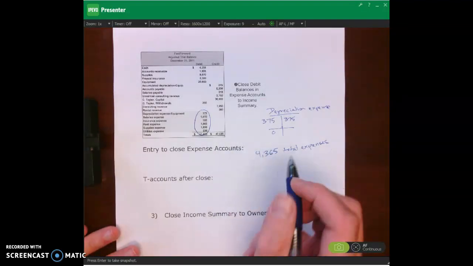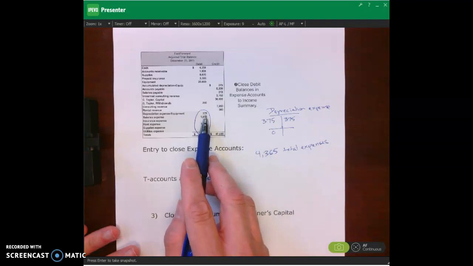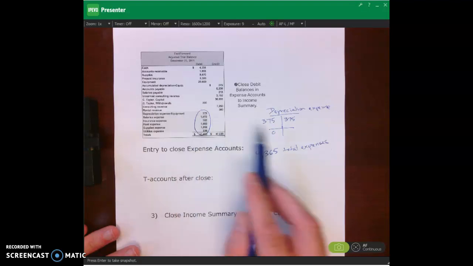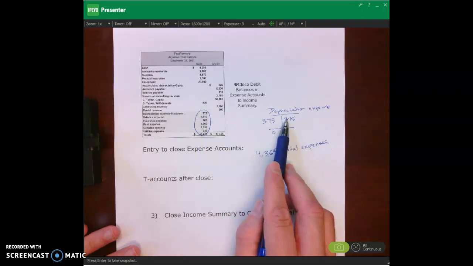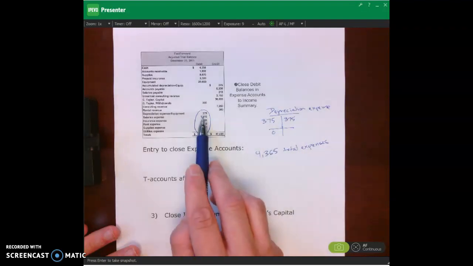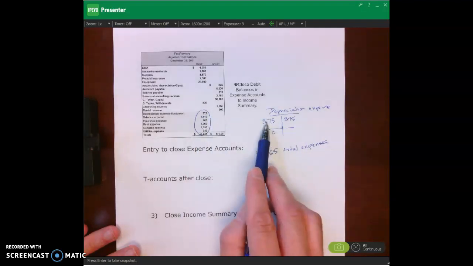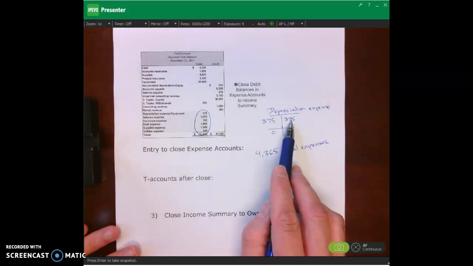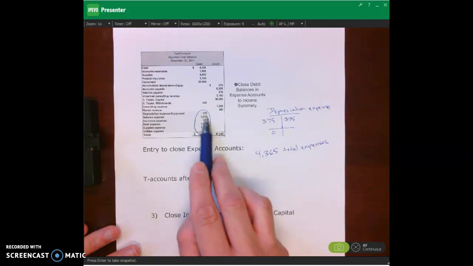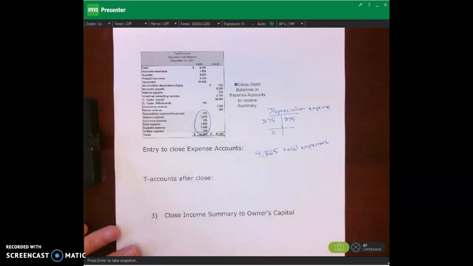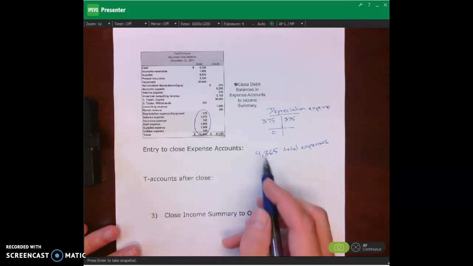Okay, now the question becomes, do I debit income summary? Because I'm going to move it to income summary. Do I debit income summary or do I credit income summary? Well, we can think about that in terms of what we have to do with our T account over here for depreciation expense. We have the $375 debit here, and then we said to zero out depreciation, I have to credit it. So all my expense accounts, depreciation, salaries, insurance, rent, supplies, utilities, will be credited, which means I need to debit income summary for the total.